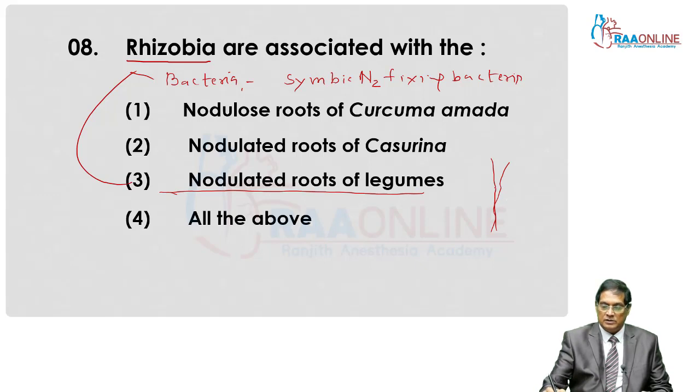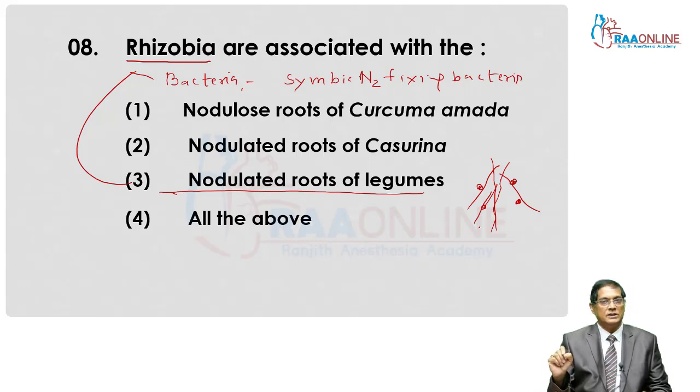In a nodulated root, the primary root as well as the branches have nodules. Within the nodule, rhizobium is present, and this rhizobium is responsible for the nitrogen reduction in them. Not in Curcuma amada, mango ginger. Not in casuarina.